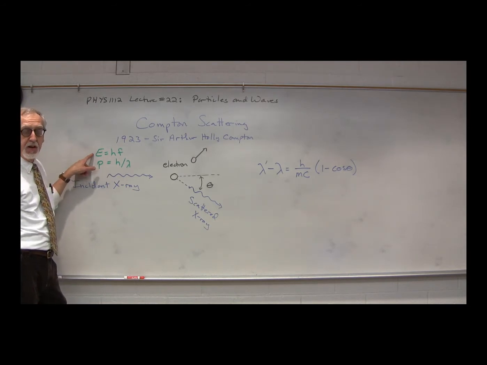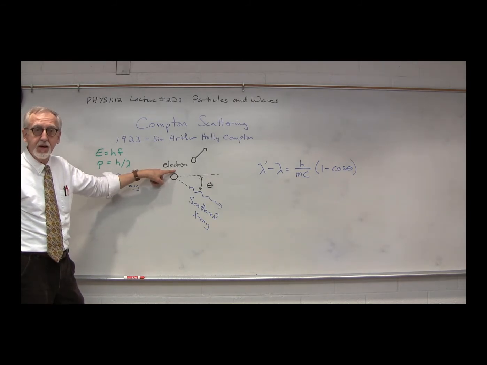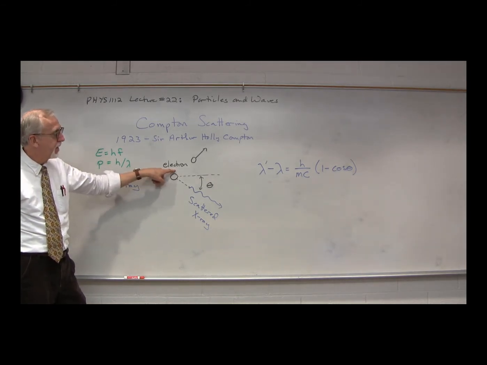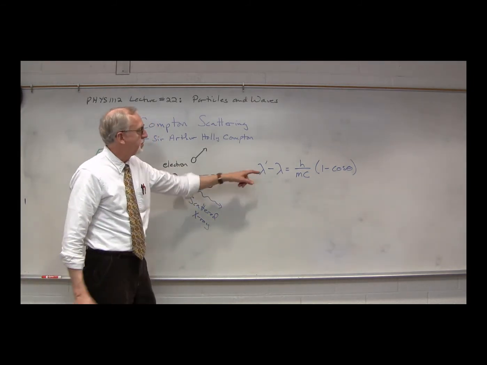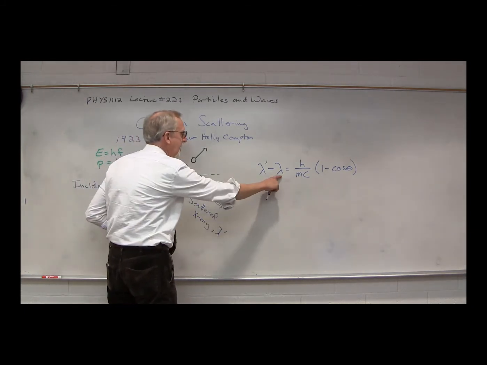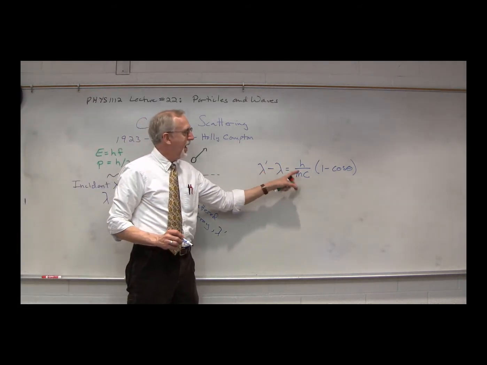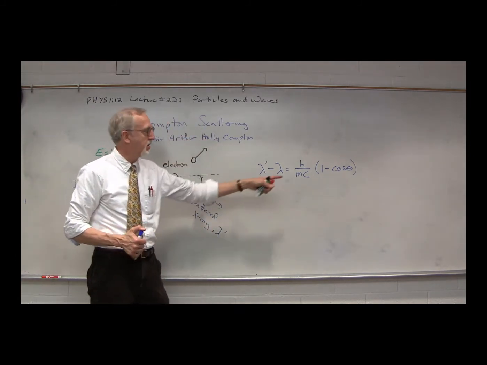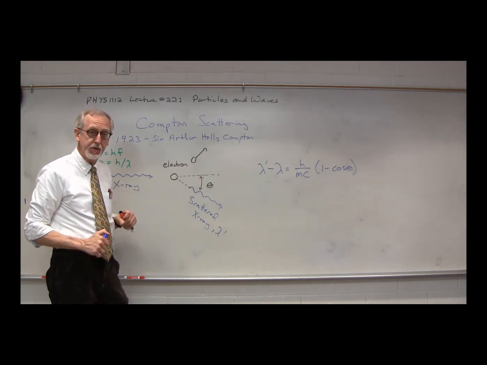If we solve this problem like a collision problem and we conserve energy and momentum, if the energy of the photon is hf and the momentum is h over lambda, and we know the energy and momentum of the electron, it turns out that lambda prime minus lambda, where lambda prime is the wavelength of the scattered photon, and lambda is the wavelength of the incident photon, equals h over mc times 1 minus cos theta, where, remember, theta is this angle between the incident photon direction and the scattered photon direction.